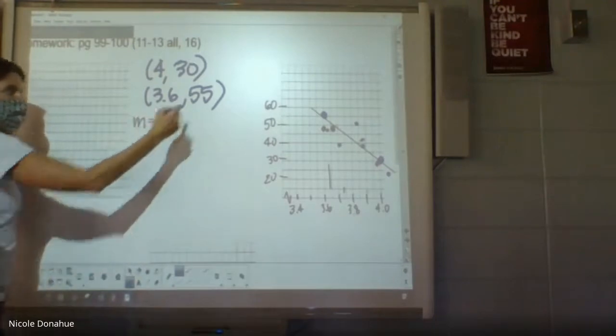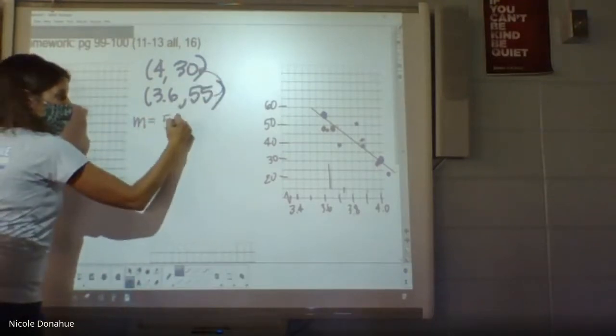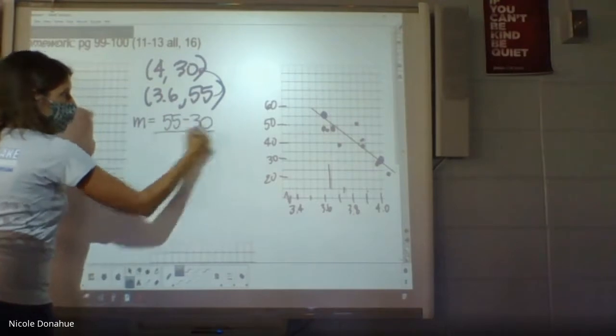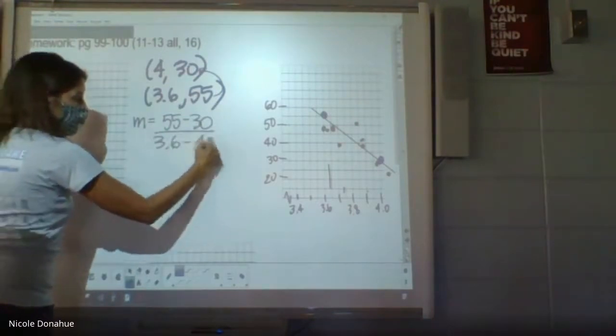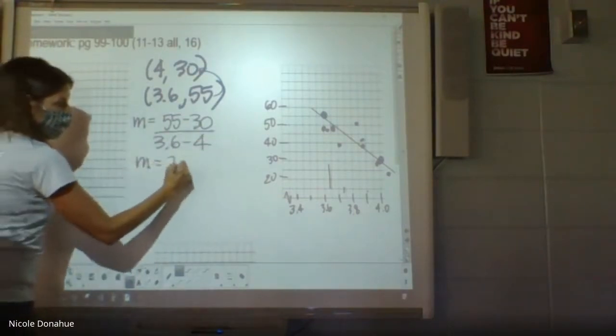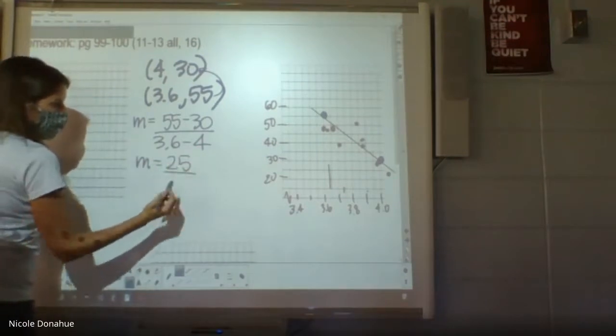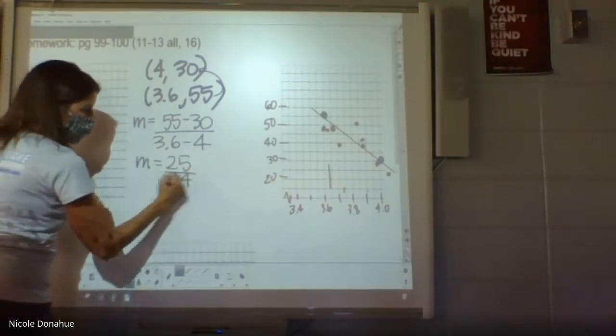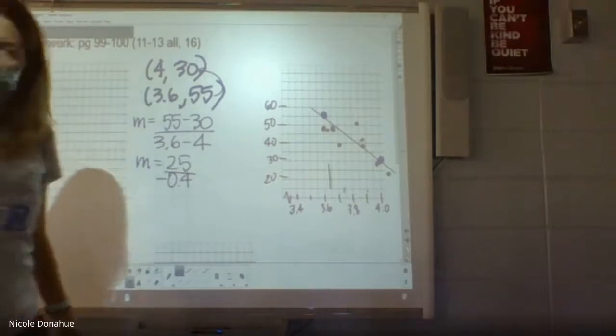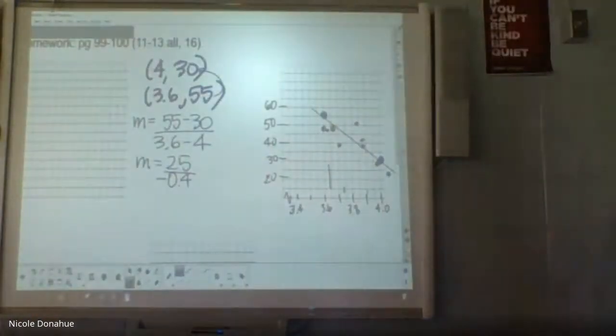So I have to find the slope. I'm subtracting these two: 55 minus 30 and 3.6 minus 4. So I get 25 over negative 0.4. It's 25 divided by negative 0.4.